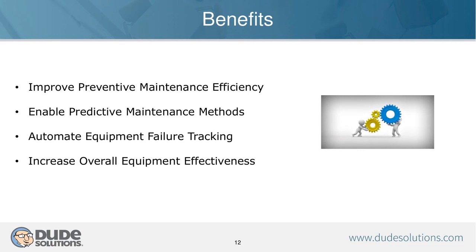So how do we improve preventive maintenance efficiency? It can be more cost-effective to schedule preventive maintenance activities by cycle counts or runtime when equipment has a variable utilization schedule.